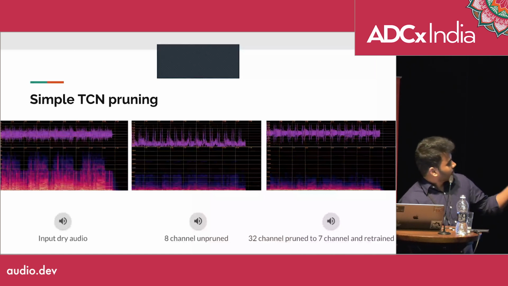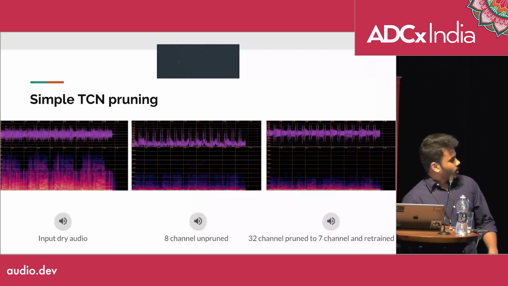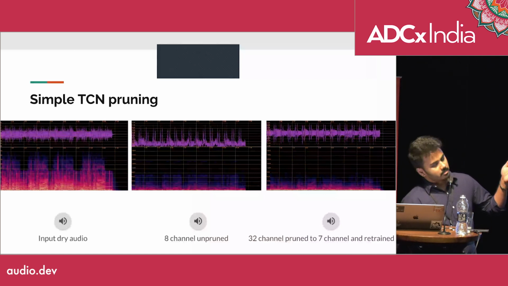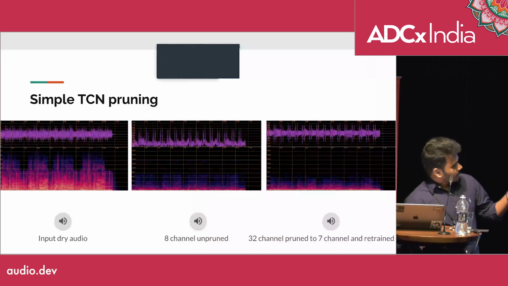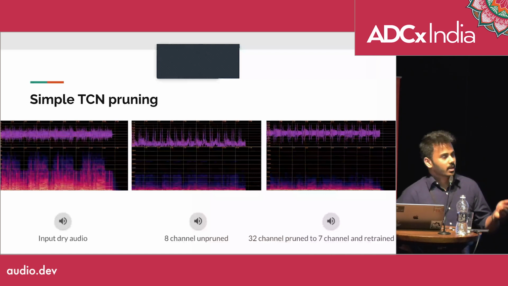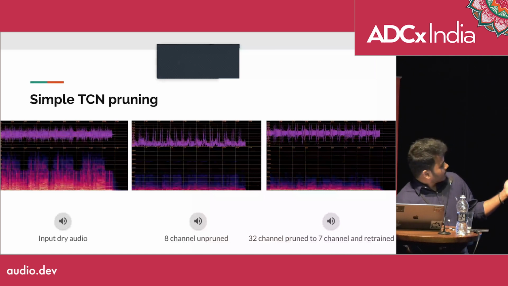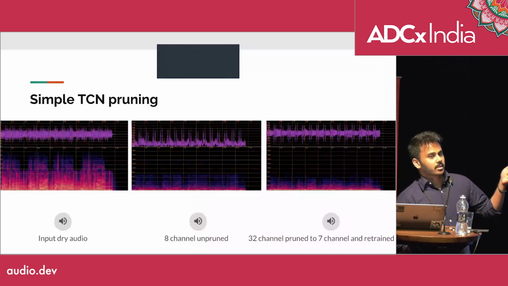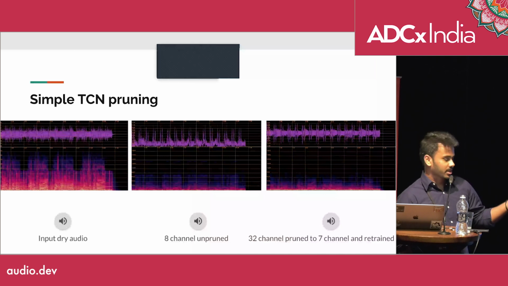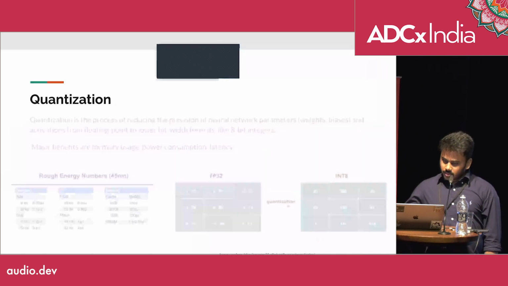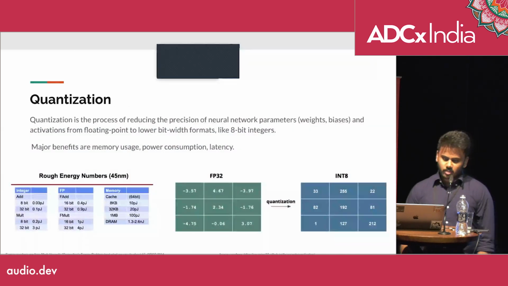So we end up having 7 channels in each of the 3 layers, and then we retrain it once. We end up having a much better result. In fact, that result is very similar to the 32-channel model. So as you can see, a 7-channel model performs way better than an 8-channel model since it was pruned from a much more complex model. So that's the idea about pruning.